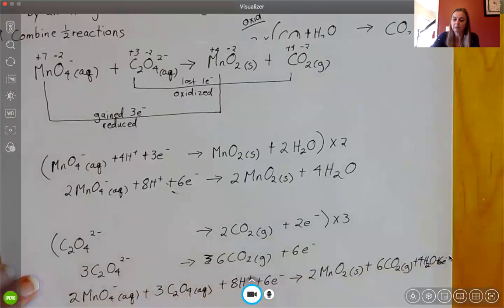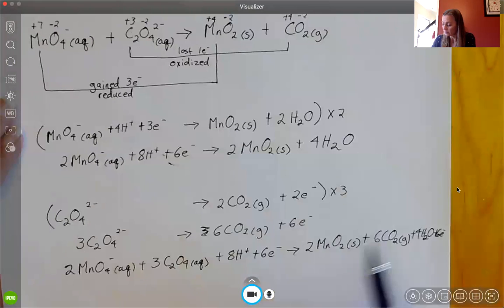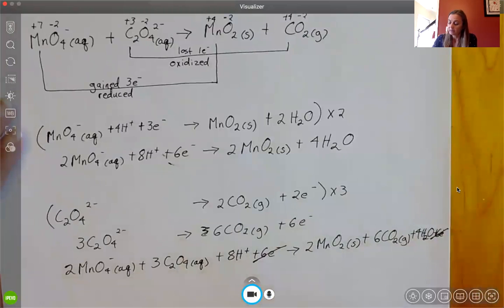Once again, we can see that the electrons are the same on both sides and they're going to cancel out. Now, because this is happening in basic solution, we have one more step we have to do.